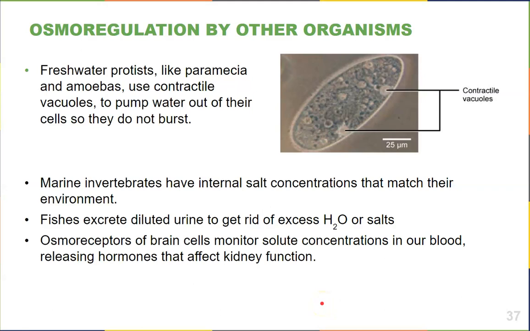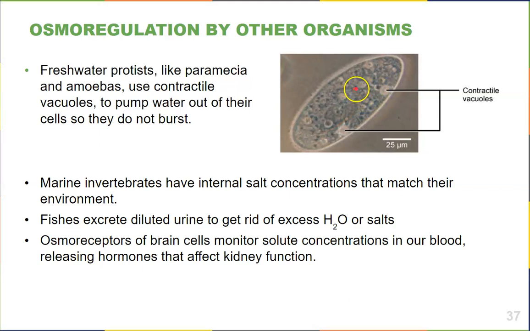Organisms like protists can do osmoregulation as well as plants, and this paramecia lives in fresh water. That means the interior portion of the cell is going to be in higher osmolarity, which means it has more solutes inside.